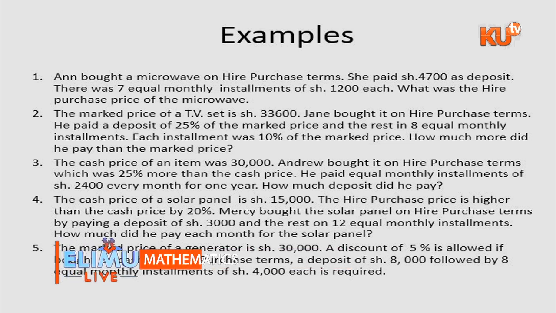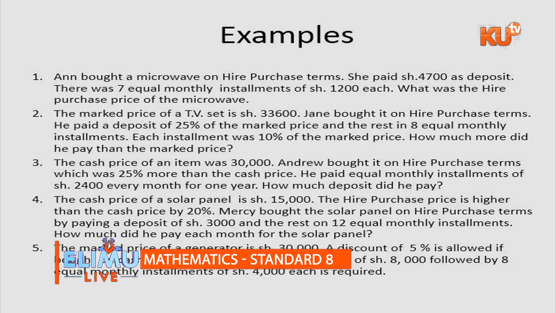What was the hire purchase price of the microwave? Very good. So the first thing I've said, you read the statement or whatever you have been given. And then number two, try to break down in form of sentences.